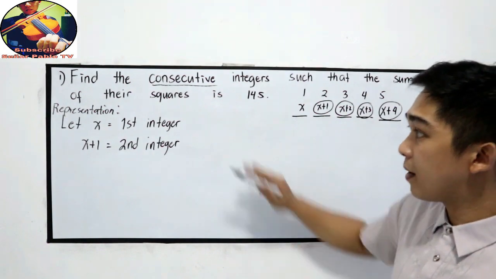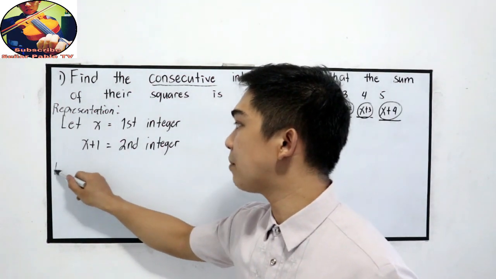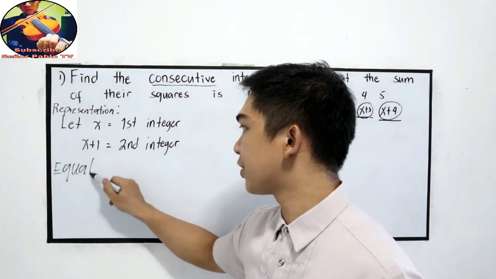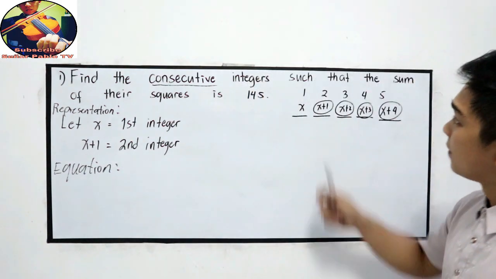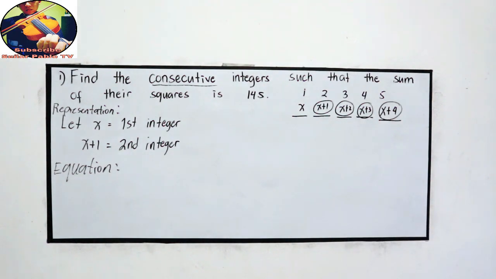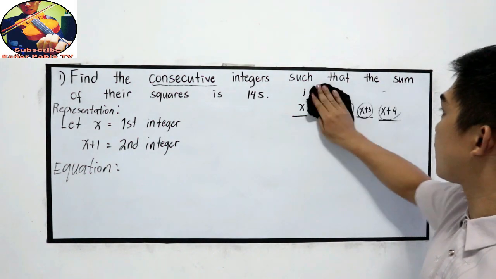After representation, balik tayo ngayon sa ating given, then magfo-form tayo ng ating equation, such that the sum of their squares is 145.